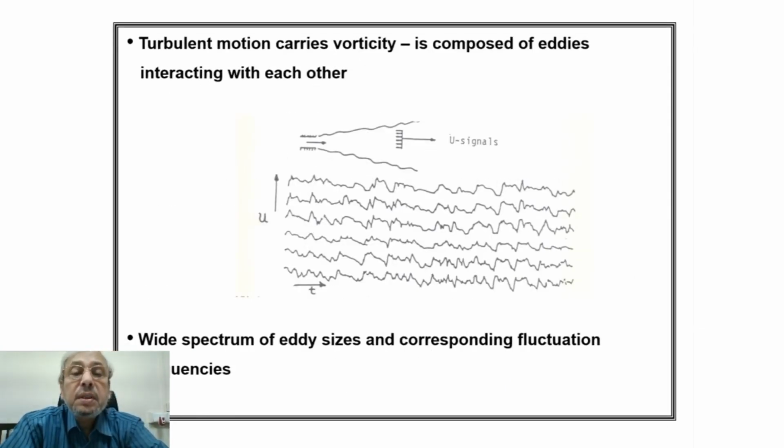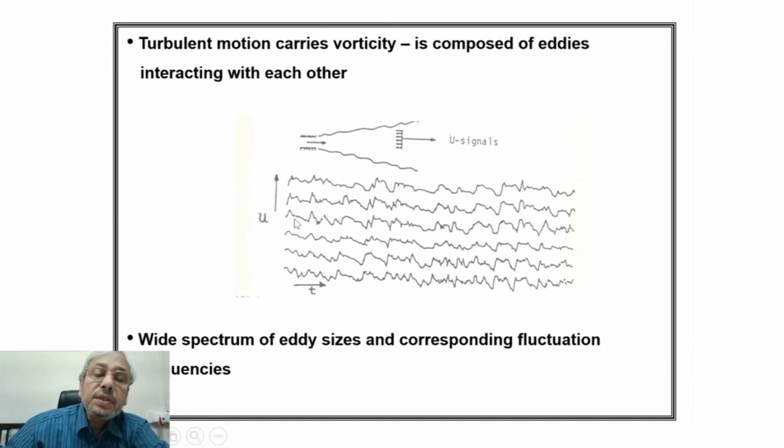Turbulent motion carries vorticity. It is composed of eddies interacting with each other. So this is a turbulent jet, and you can see the velocities at different points are being sensed, and that signal is reproduced here, or that signal is traced here.